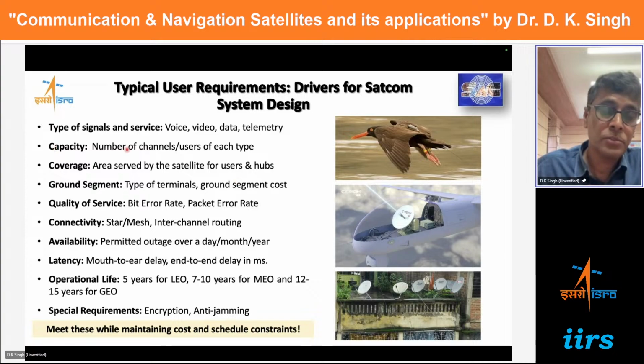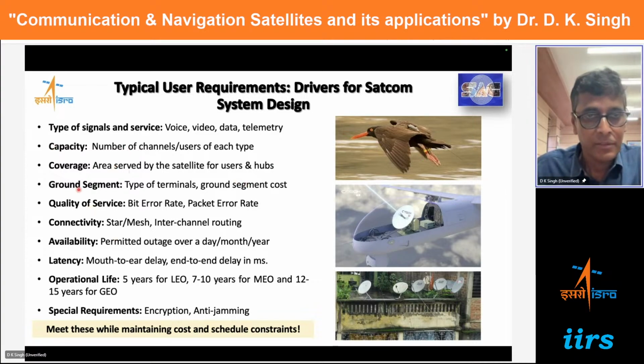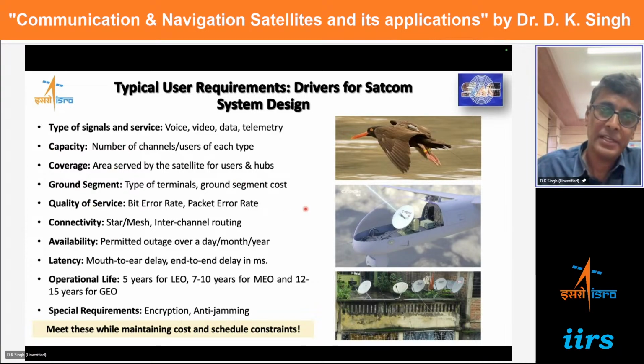What area you want to cover. Then what type of ground segment, whether I can have a very big ground segment, or it should be handheld, or it should be like installable in my home like DTH. What quality of service you are targeting, what kind of connectivity you are looking for, the way I have shown in the previous diagram.